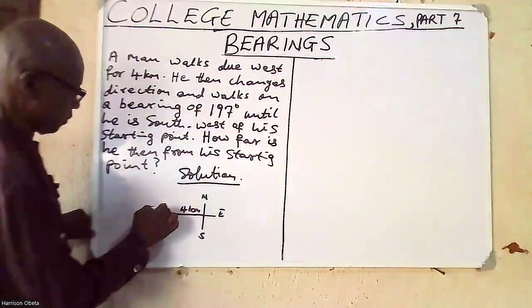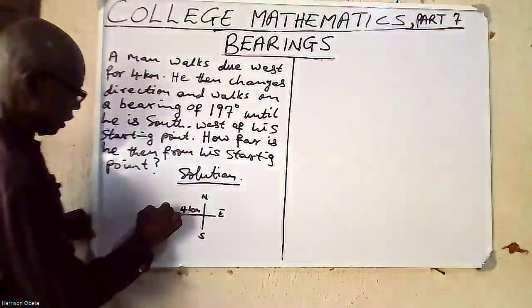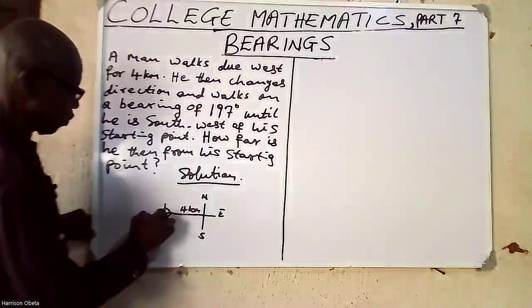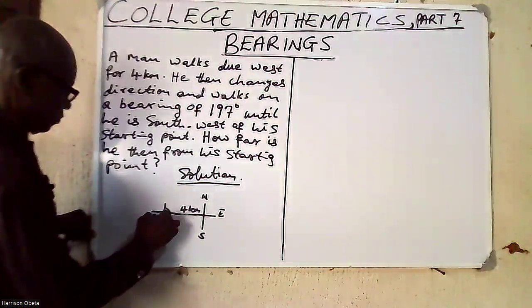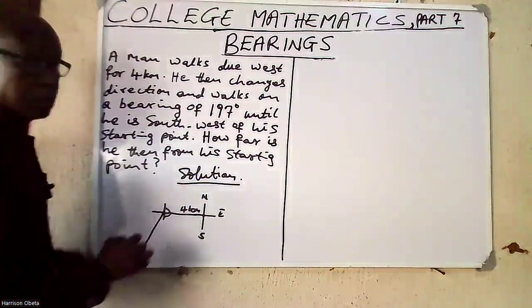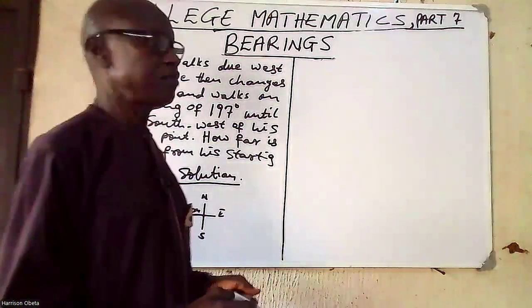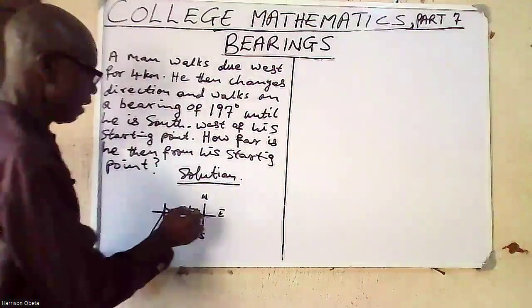That means you check here: 180, 190, 197 will fall within here. And then southwest of the starting point means 45 degrees.